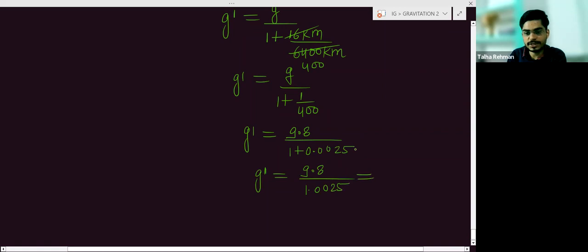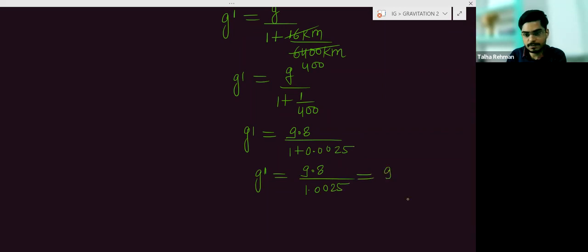The value of g dash you will have is 9.77 meter per second square.